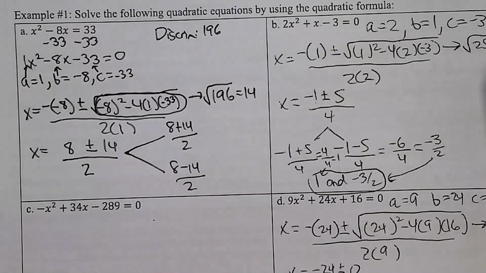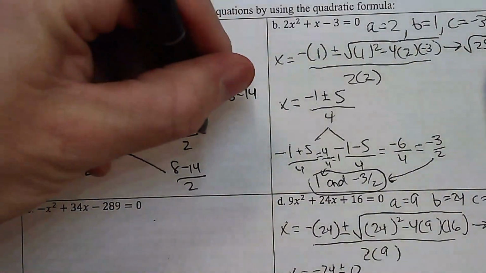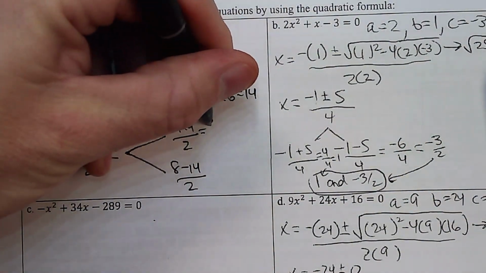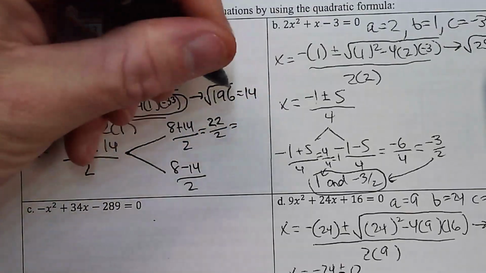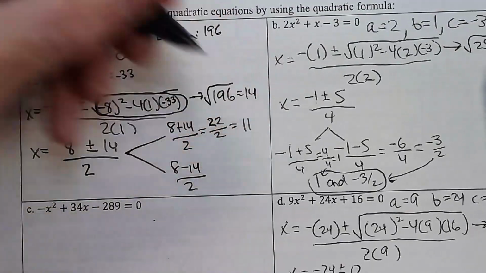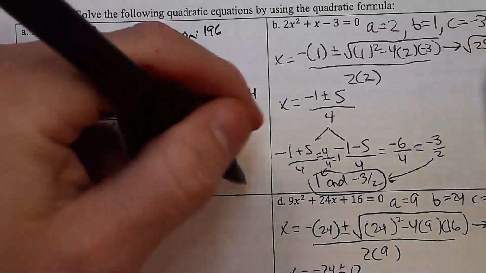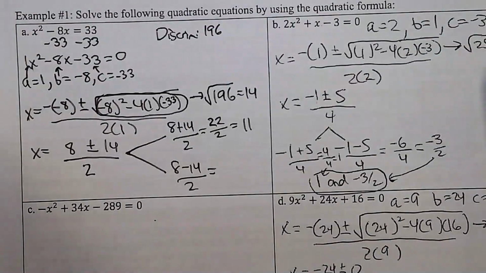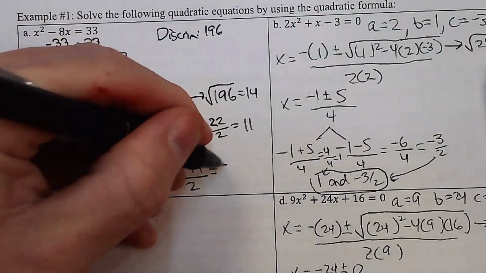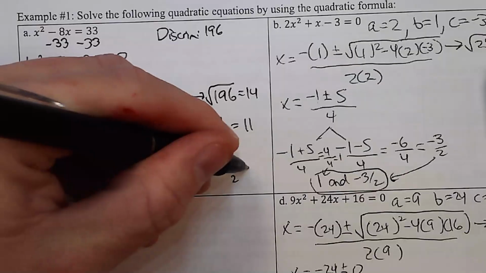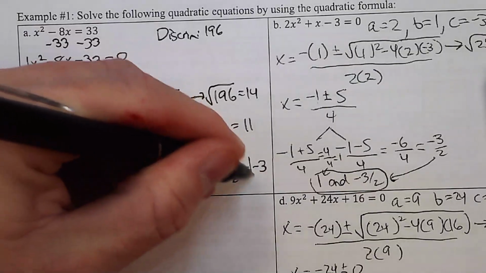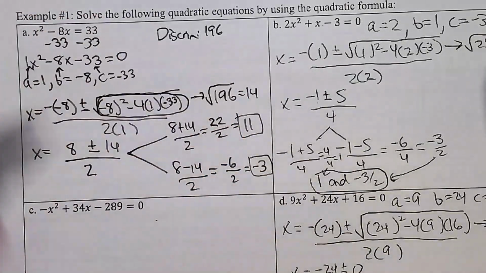What's 8 plus 14? 22 divided by 2, 11. Good. What's 8 minus 14? Negative 6 divided by 2, negative 3. So 11 and negative 3 are my answers.